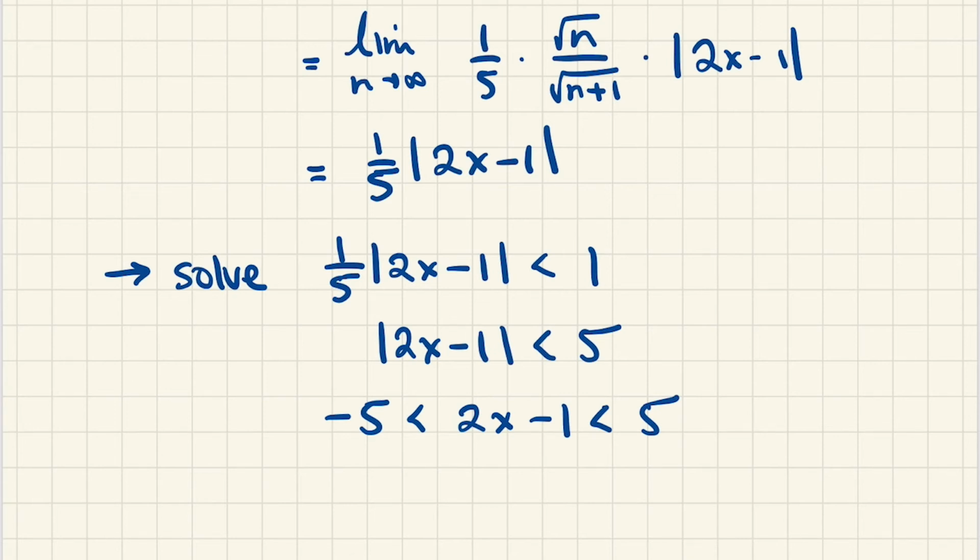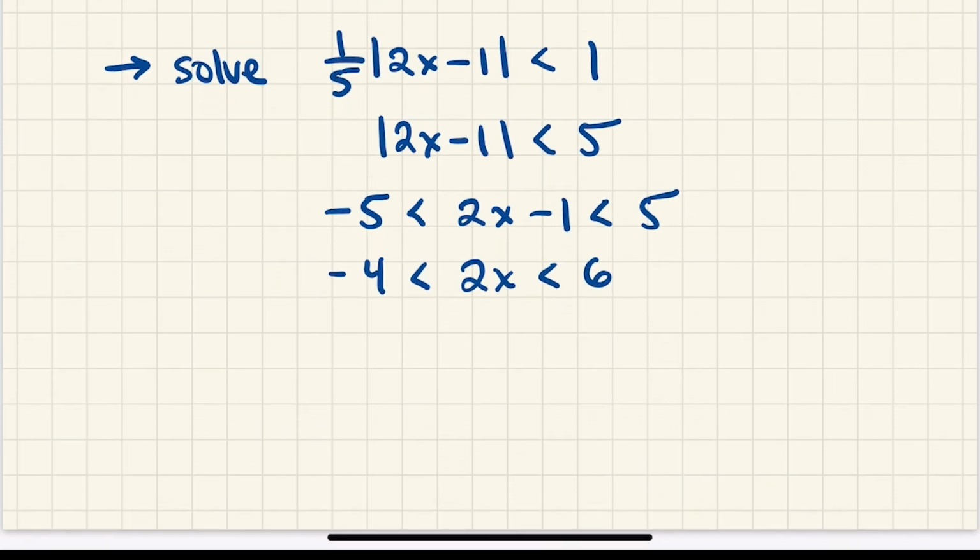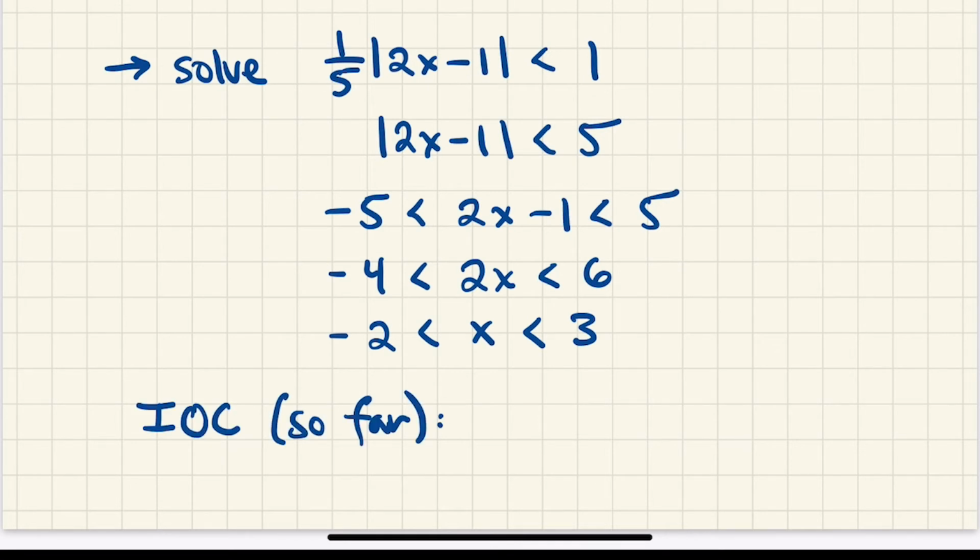So adding 1, we get this, and dividing by 2, we get, and this is going to be, like I said, most of our interval of convergence, right? So the interval of convergence is the interval from -2 to 3, where we don't know if those are brackets or parentheses.